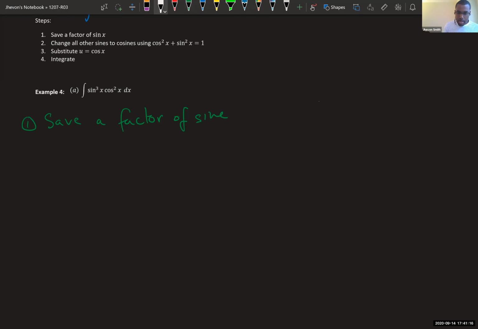What does that mean? In my integral, I'm going to take one of the sines and literally put it at the end. So notice I had a sine cubed. I can think of that as a sine squared times a sine. So I save a factor of the sine and I move it to the end.